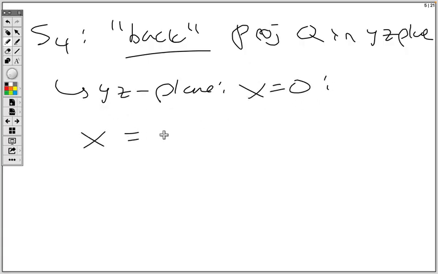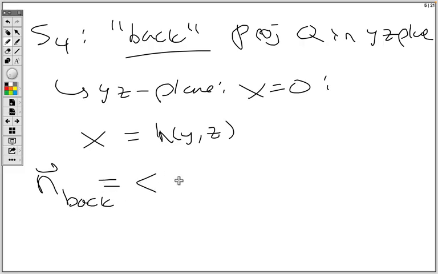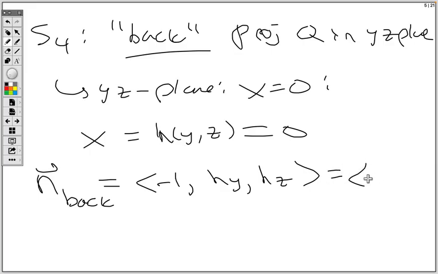So we've got our x as a function of y and z. And so if we want the backward normal, x would be -1, and then you'd have an h_y, h_z. But since h of x, y equals 0, not surprisingly, what's my vector here? -1, 0, 0.